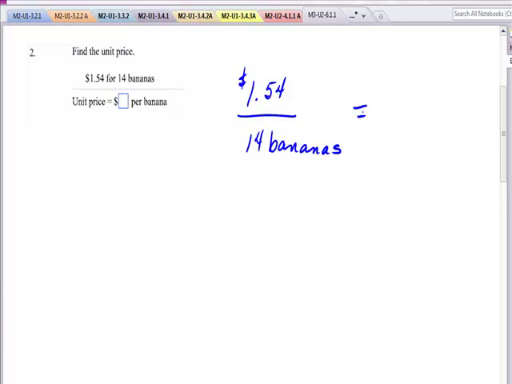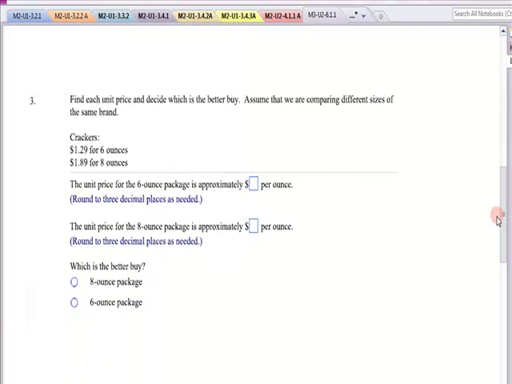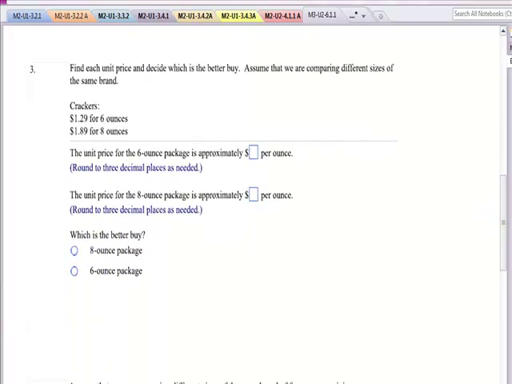So in my calculator, I put in 1.54, and then I divide it by 14, and I get 11 cents per banana. Okay, and the 0.11 is what I would put in there. That's the unit price.